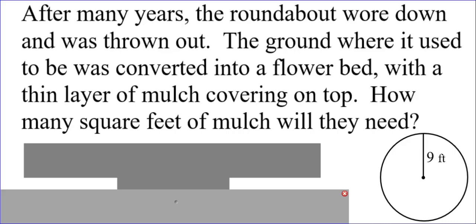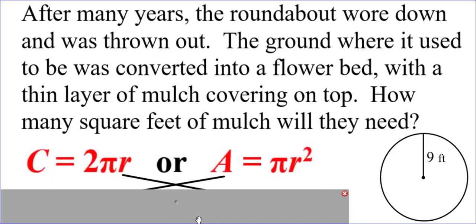All right, so let's talk about this. Is this still circumference or is this area? We've got to figure this out. Well, circumference would be going around the circle. This is talking about how that circle is going to be replaced with a thin layer of mulch covering on that circle.